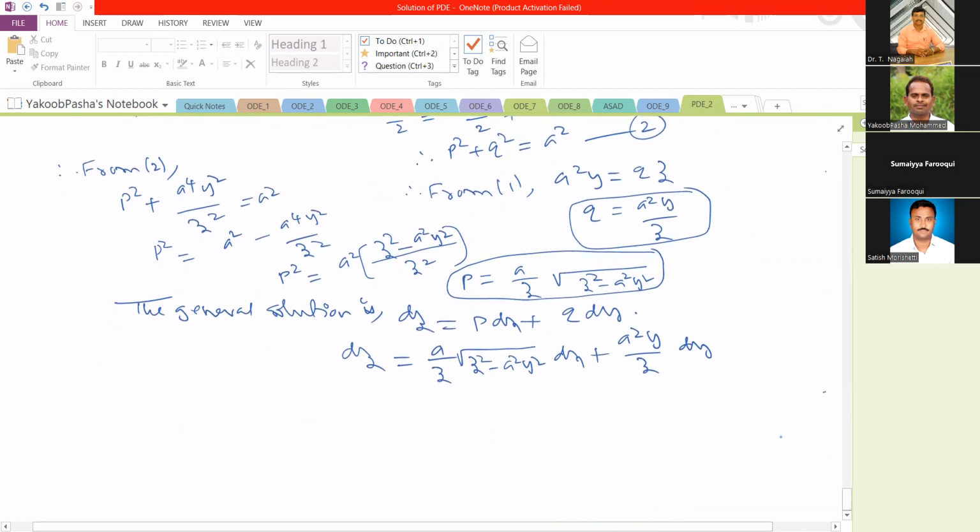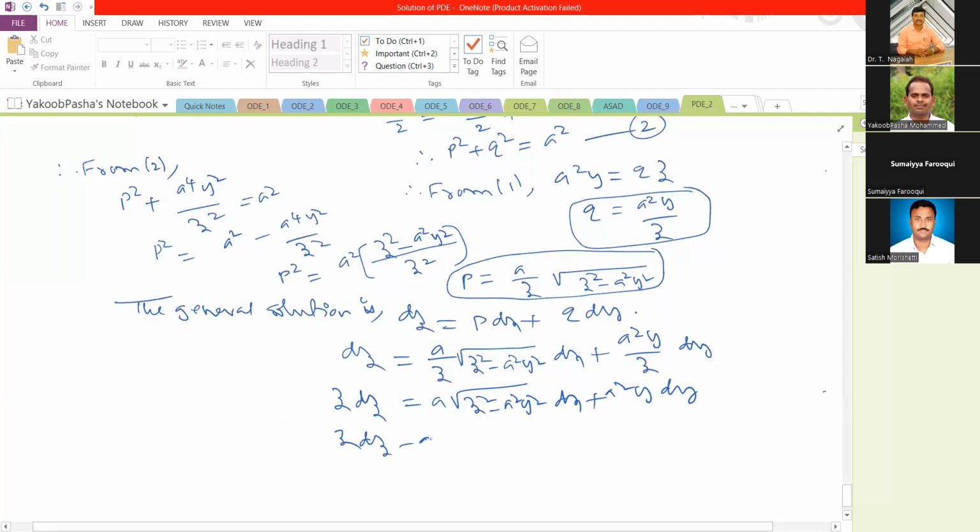Okay. So we can write it as z dz is equal to a into under root of z square minus a square y square into dx plus a square y dy. So I am writing z dz minus a square y dy is equal to a into under root of z square minus a square y square into dx.